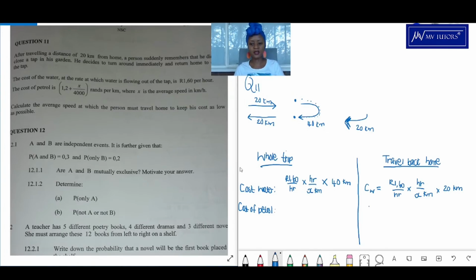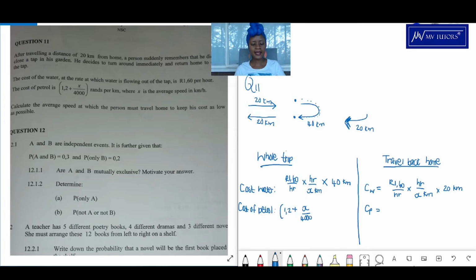And then the cost of petrol. Well, what do we have here? We have 1,2 plus, not times, plus. Okay, let's just go back. So we have 1,2 plus X over 4,000.